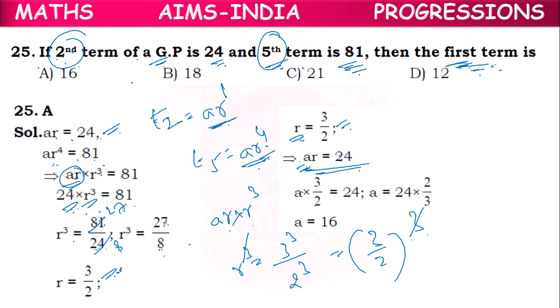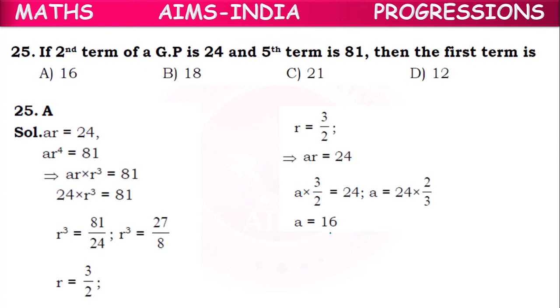If we substitute R value, we will get A value as 16. Here the first term is nothing but A value. So finding the first term and finding the value of A are both the same. So the answer is 16. The option is correct.